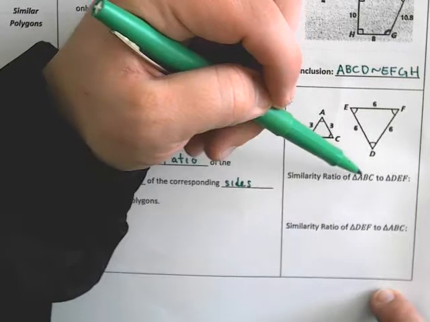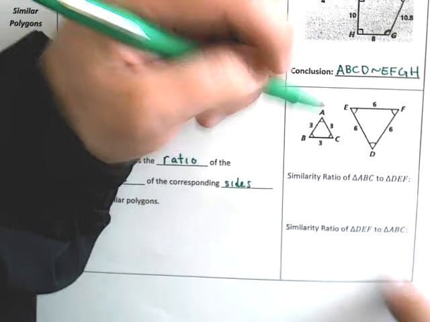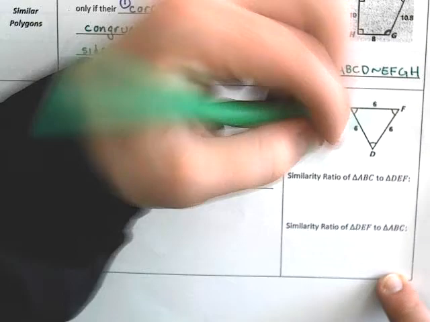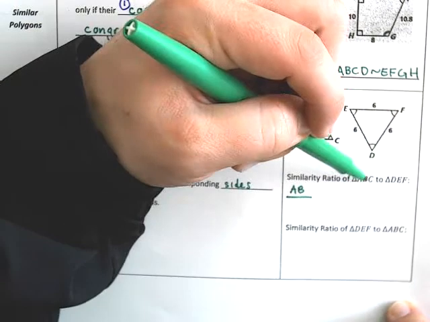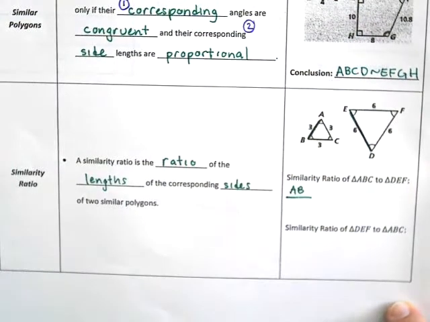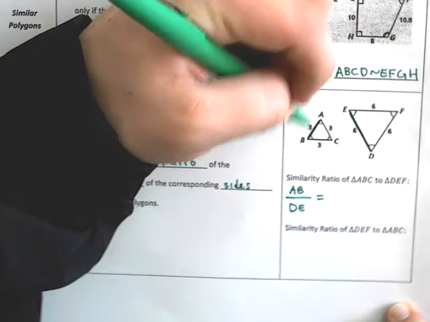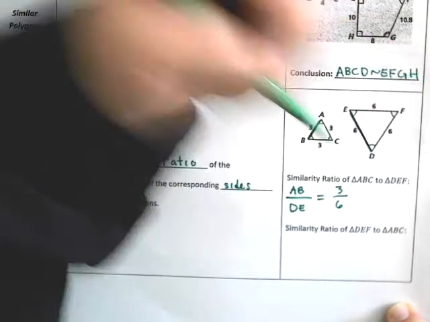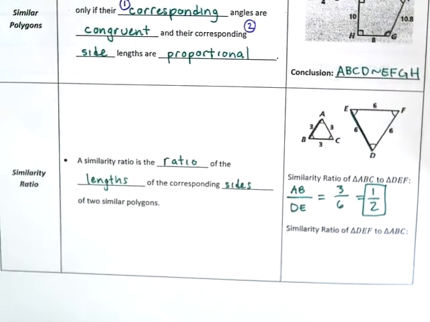So if I'm going from ABC to DEF, that means I want to pick a side in ABC. So how about AB? And we need to put that over the corresponding side in the next triangle. So if it was AB, then I'm looking at DE. Okay, DE is what corresponds to AB. So AB over DE, and then we plug in, 3 over 6, or 1 over 2. That is our similarity ratio of ABC to DEF.